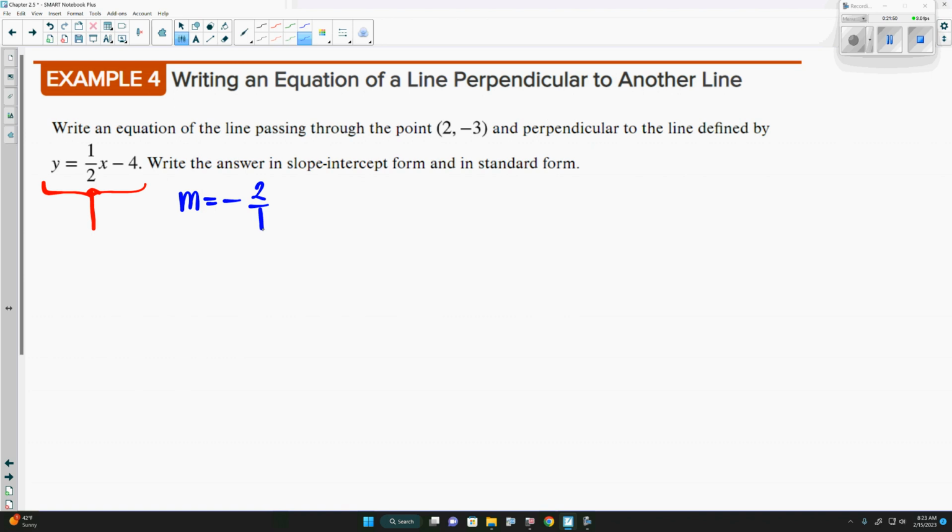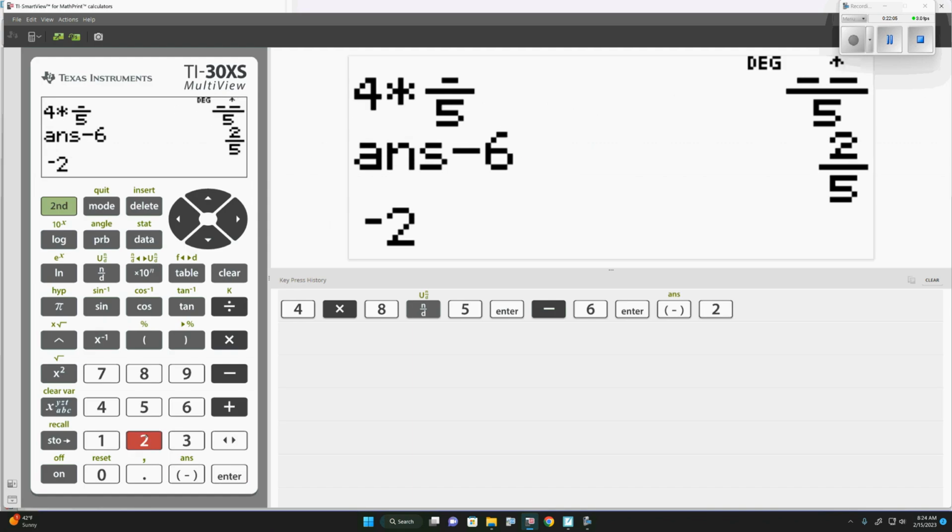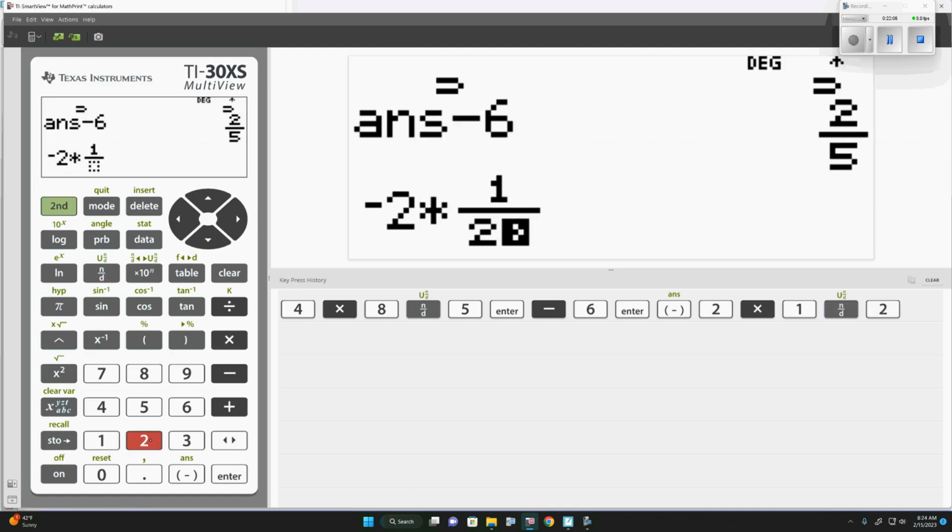So the perpendicular slope to 1/2 is really just -2. And if we multiply those together, we do get -1. Two slopes are perpendicular if the product of them is -1.